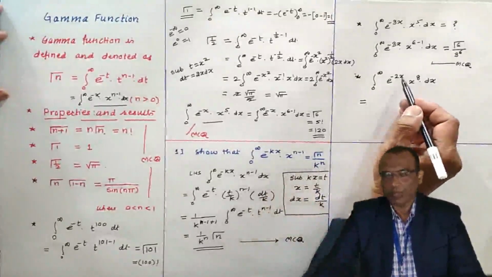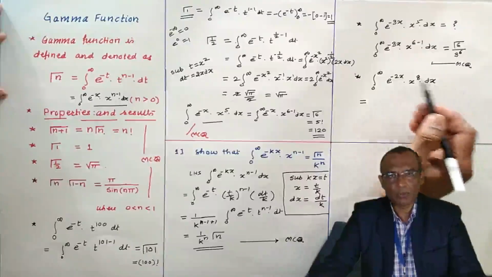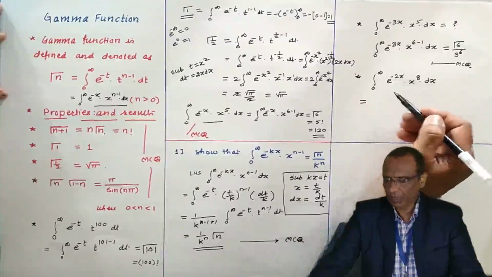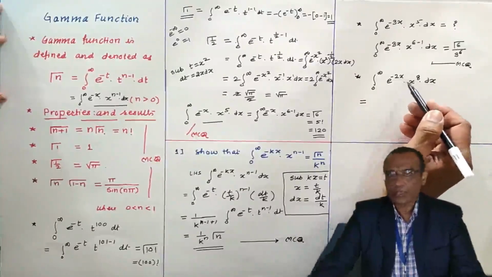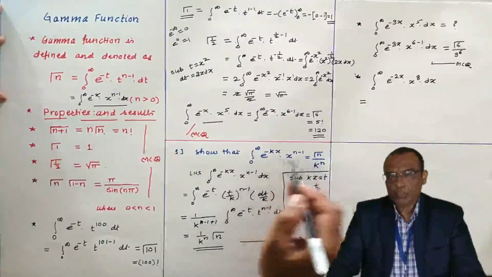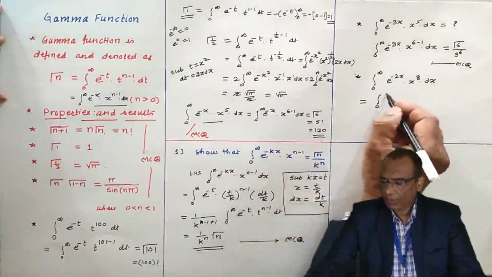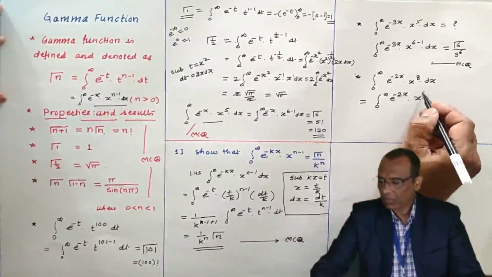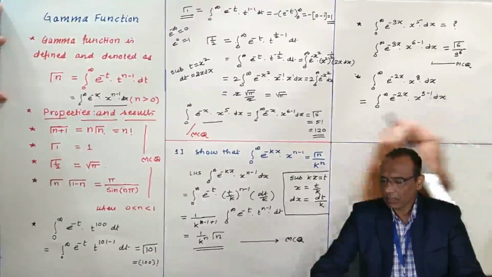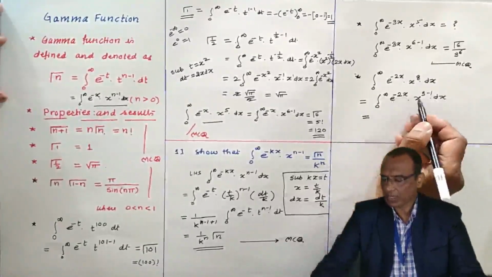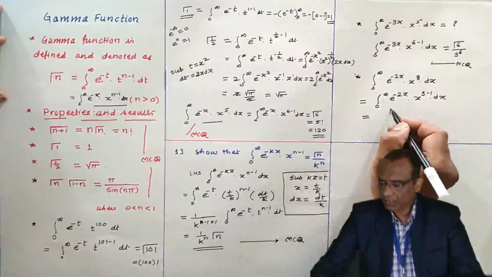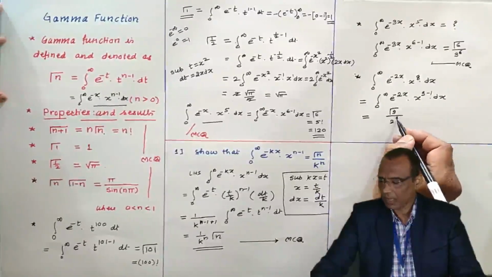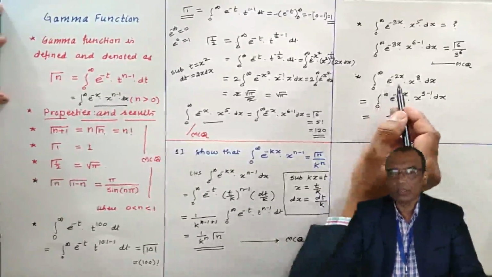You can find the value of this integral by substituting 2x equal to t, but instead of doing that, if you remember this formula, you can find the value directly. What is the value of the integral of e to the power minus kx, x to the power n minus 1? It is factorial n by k to the power n. So this is the value of this integral.